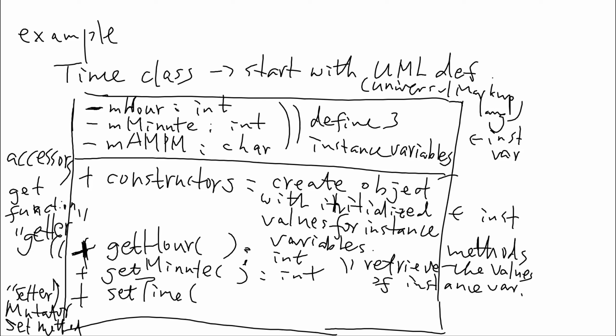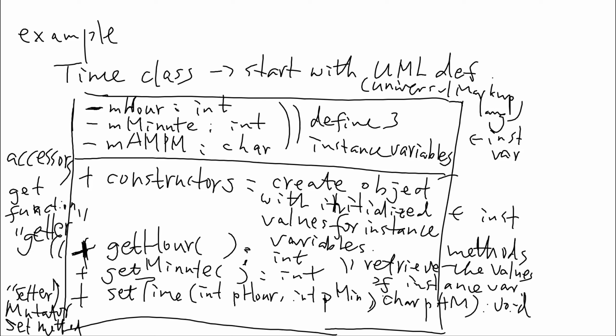You want to set the hour, minute, and AM/PM, all three. Then you need to have parameters. Suppose I call them pHour, an integer parameter pMinute, and a char parameter pAmPm. Normally the return type is void.